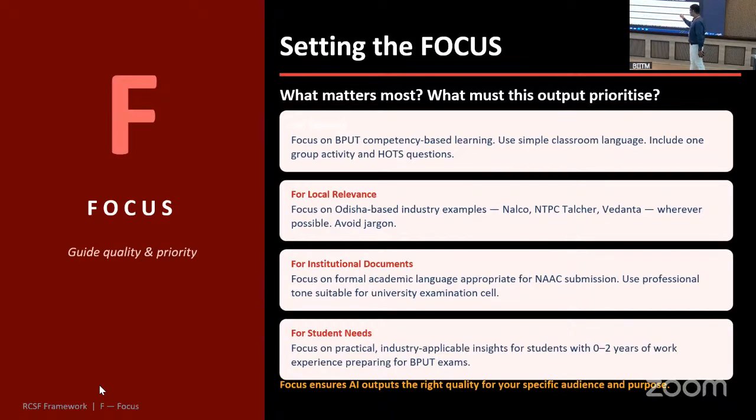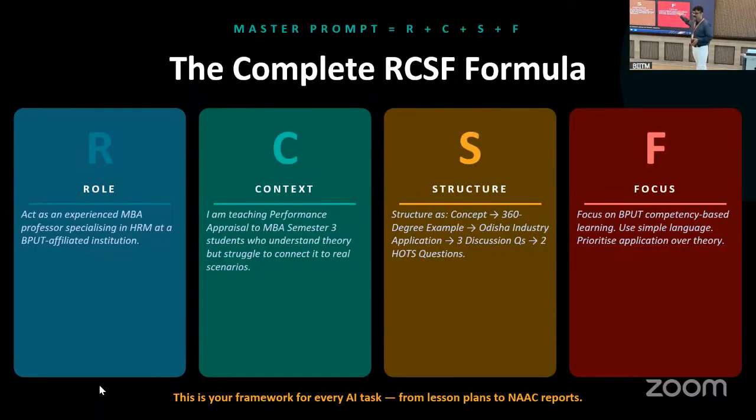Then act as per student needs, focus on practical industry, practical research. For example, students have two years of experience, right? They have the experience. So let's see one output for that.